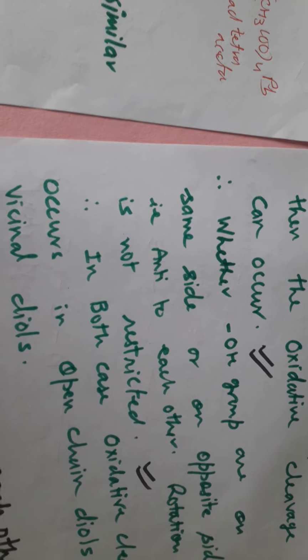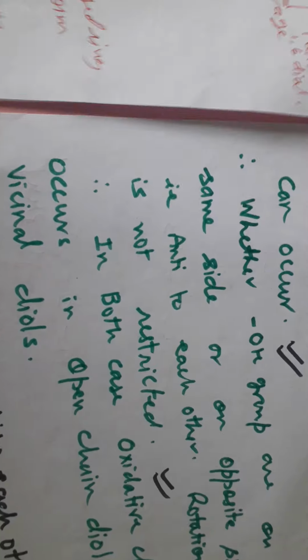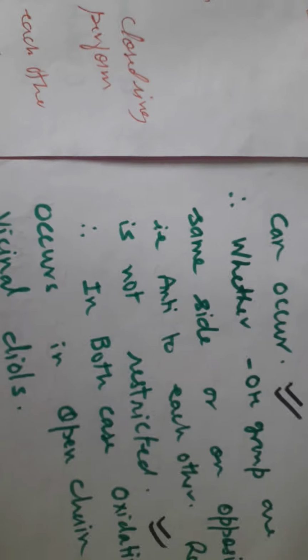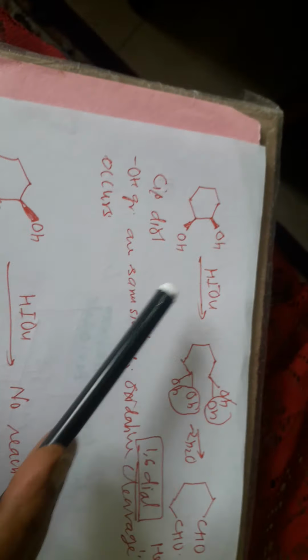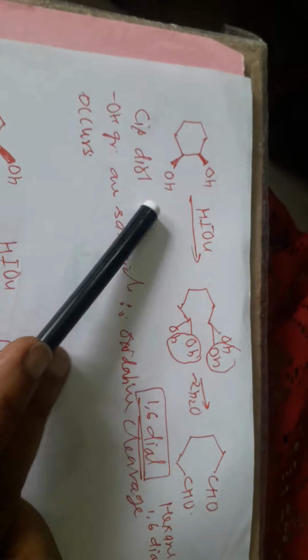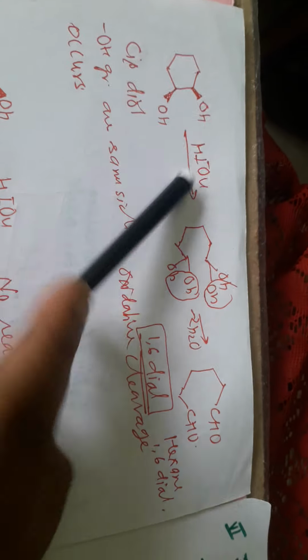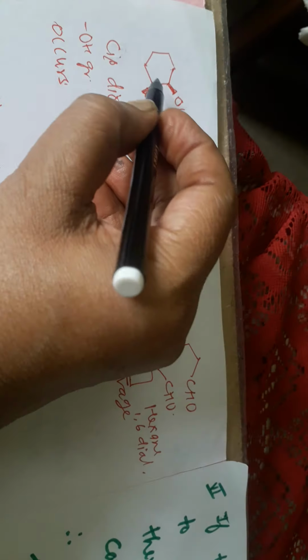In open chain, the oxidative cleavage reaction occurs whether they are on the same side or on the opposite side. Clear? Now see the examples here. I have drawn these two structures. Here they are on the same side, so oxidative cleavage will occur. From here it will break away.